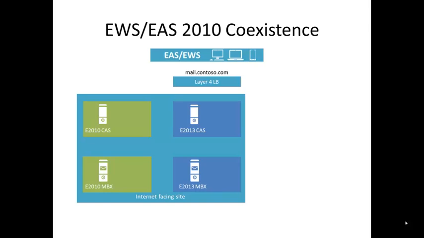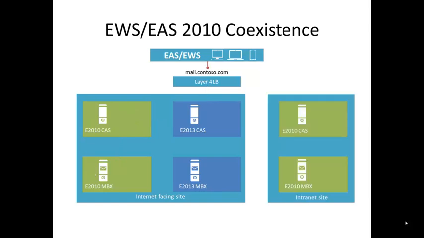When we look at Exchange Web Services or Exchange ActiveSync in a 2010 coexistence scenario, we hit the client access server and the request is proxied to the 2010 client access server, and then again to the Mailbox server. If we have another location, we have a cross-site proxy request to the Exchange 2010 client access server, and the data will be retrieved from the 2010 Mailbox server.